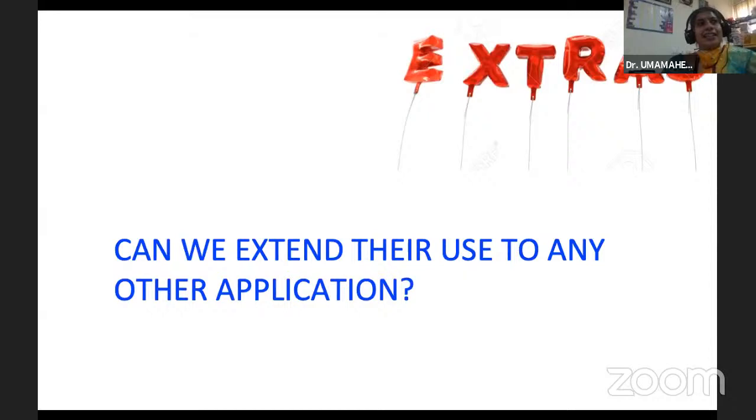But the question is, there are so many glucose sensors, and as Professor Suri mentioned, we wanted to know whether the sensor, because it's so fast and we could make it small, can we actually use this for some other applications? So at that time, our group was also working with a lot of cells in terms of cancer therapy.